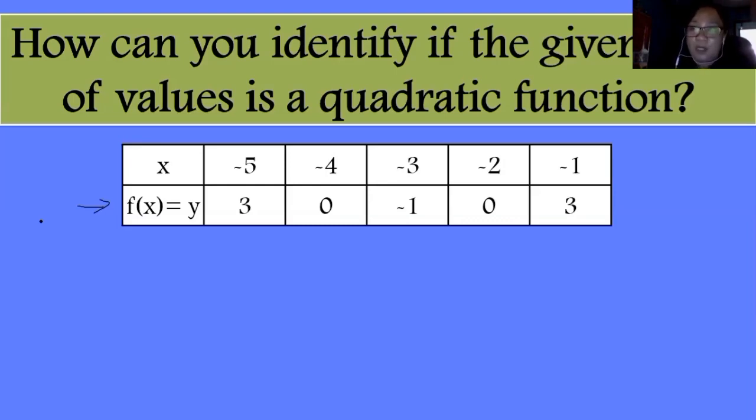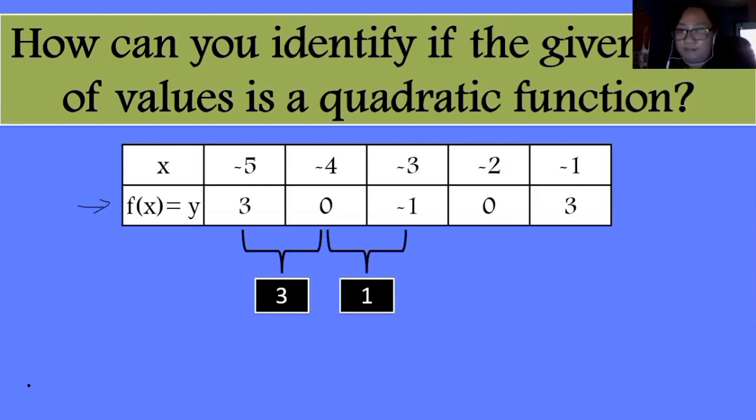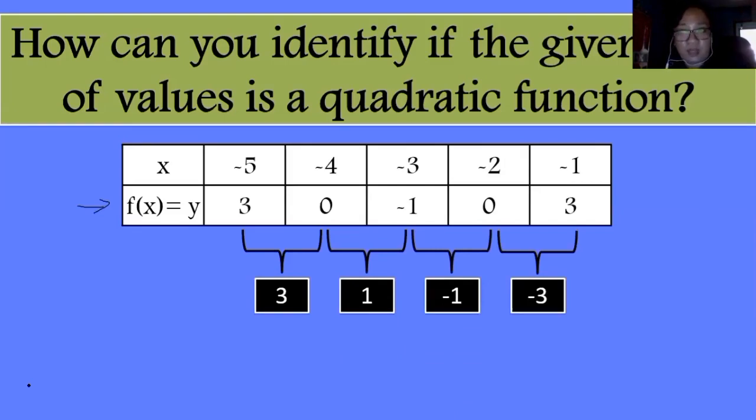Another option, to know if this is a quadratic function, we'll have to do this. We have to subtract each pair of values of y. So 3 minus 0, that is 3. 0 minus negative 1 is 1. Negative 1 minus 0 is negative 1. And 0 minus 3 is negative 3.